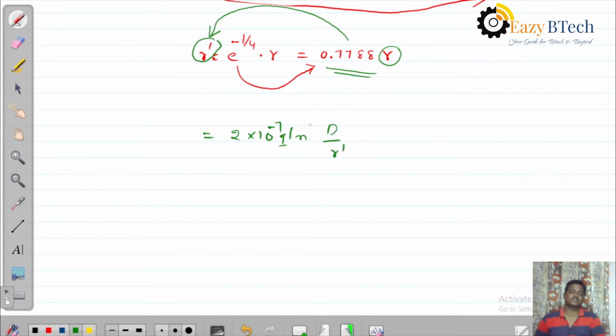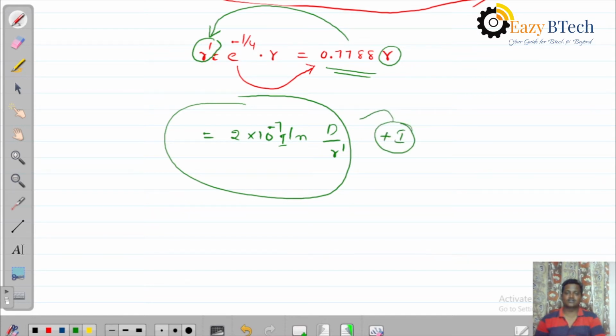Keep this in mind. This is with the current flowing through conductor 1 being plus I. This is the total flux linkage of conductor 1.